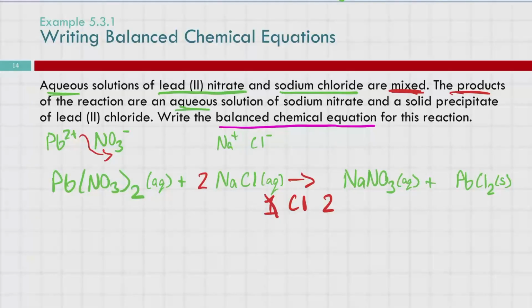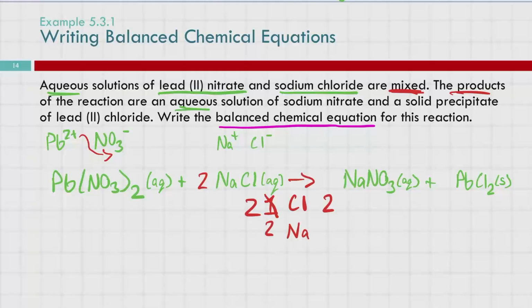So now that means that we've got 2 chlorines. When we add this 2 in front of our NaCl, that didn't just change our chlorine, right? It changed something else. What was the other thing it changed? Sodium. So we're going to follow our path of unbalancing things by moving on to the sodium next.